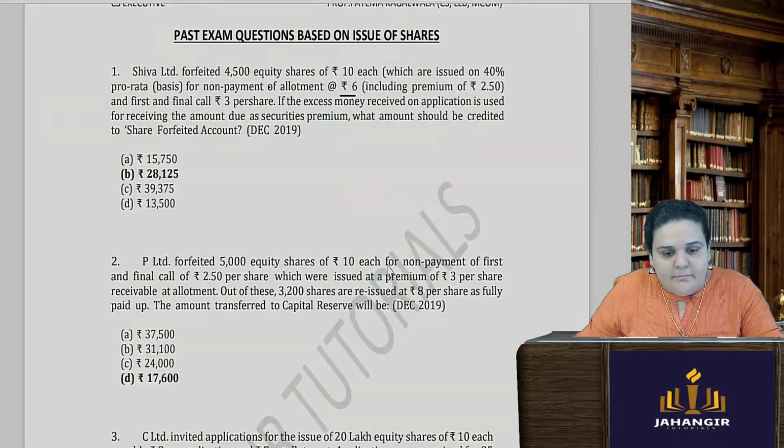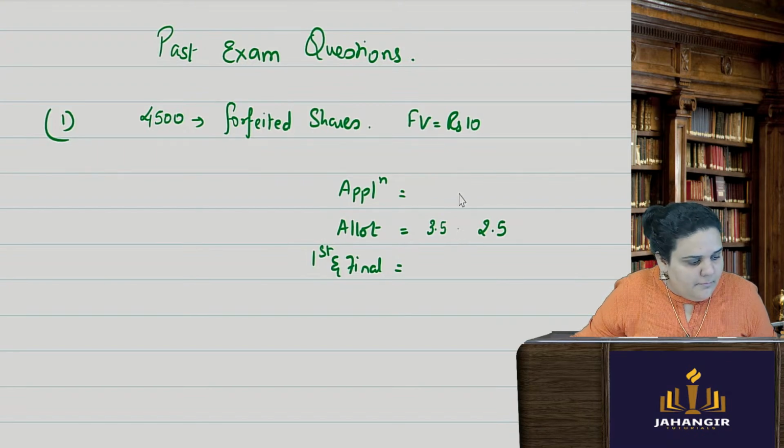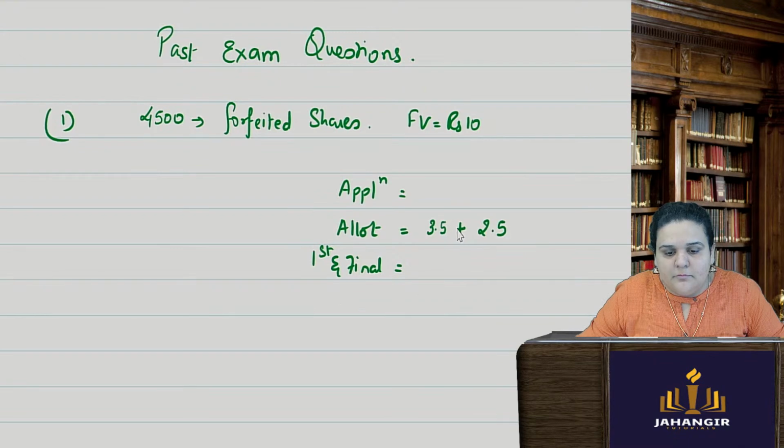Now they have given that on the allotment stage it is rupees 6, including the premium of 2.5. If it is including a premium of 2.5, that means on face value at the time of allotment it is 3.5. Only then will that become 6.